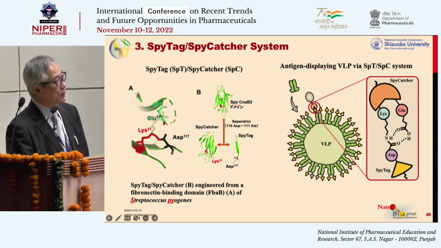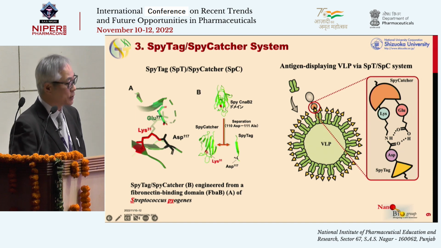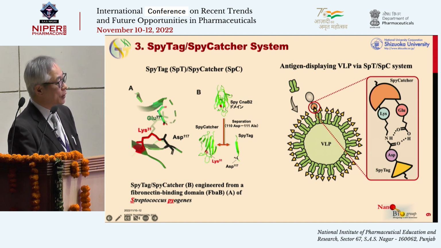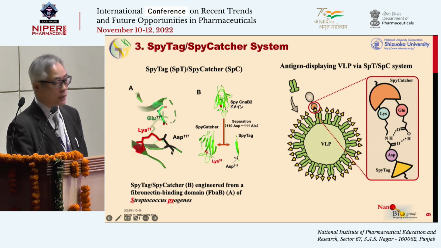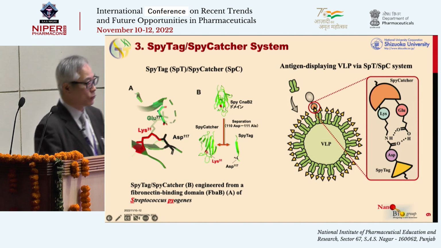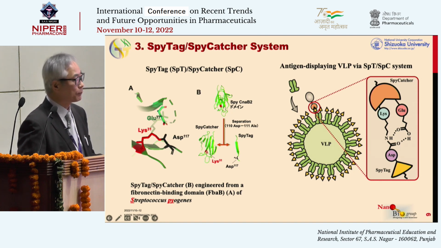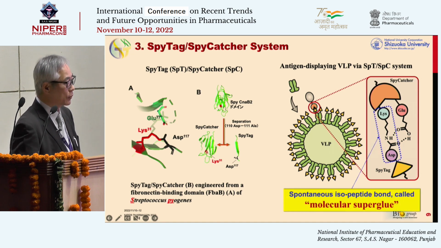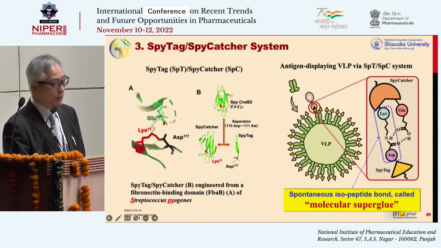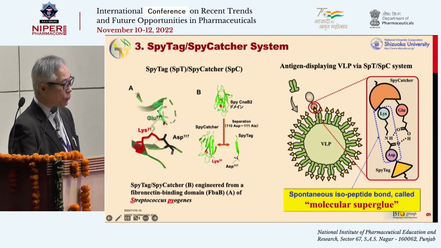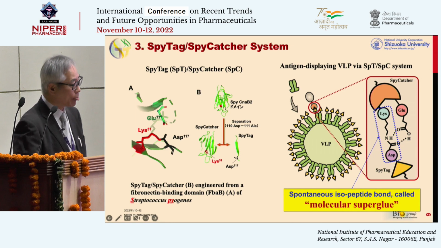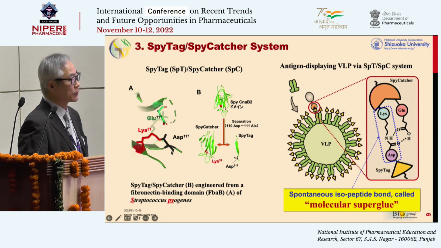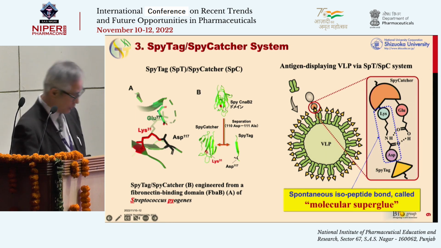Then we conjugate SpyCatcher and SpyTag using lysine and aspartic acid. These two amino acids bind spontaneously, forming an isopeptide bond. We also call this a molecular superglue. Therefore, we use this characteristic to display proteins on the surface of the VLP.